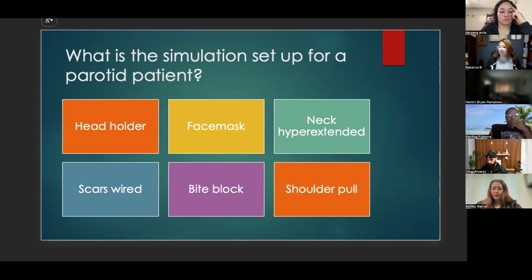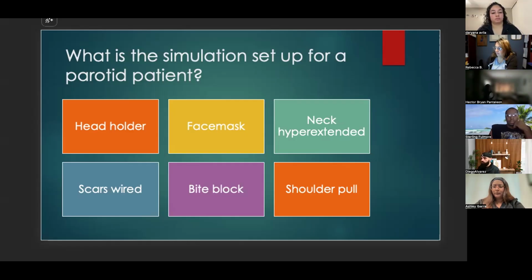For me, if you're not in a super busy center, the best way is to talk about what the doctor wants, have the doctor draw where he or she wants that wire to go, and then make your mask, let the mask solidify and cool down, take the mask off, wire the scar, and put the mask back on. That way you don't have that stickage, because sometimes the wire sticks to the mask, pulls off, and becomes very uncomfortable for the patient.